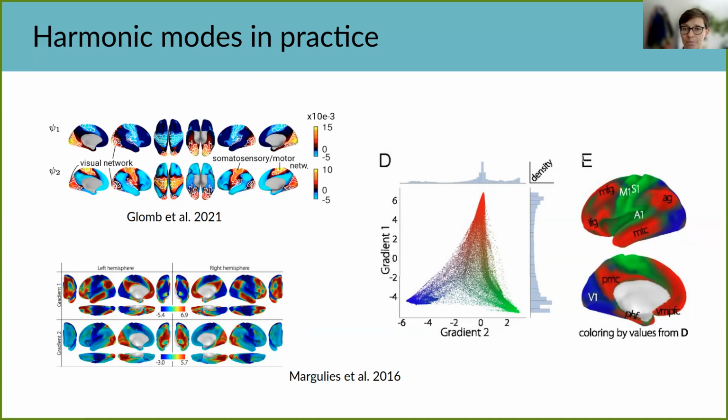And you can see that in one of the gradients, the somatosensory motor network and the visual network are close together, so their connectivity is similar in a sense, but in this other gradient, it's very dissimilar. And then the rest of the cortex stands in opposition to that. This is exactly what is shown here in this illustration, where you have visual areas in blue, somatosensory motor and auditory areas in green. And in red, you have higher cognitive areas, in particular areas of the default mode network.